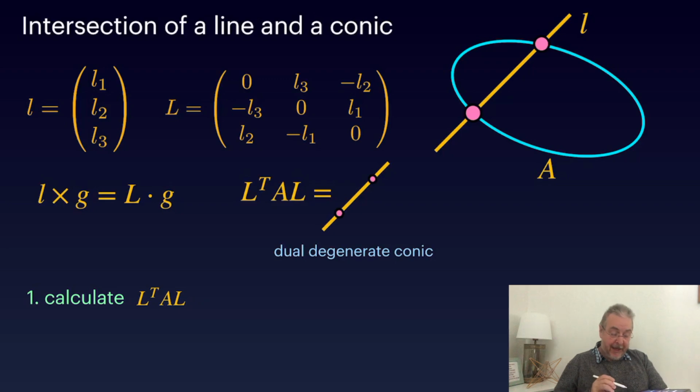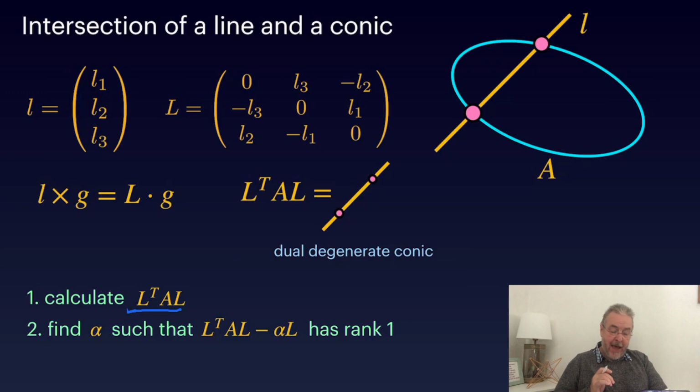Step 1, calculate L transpose AL. This is the matrix of the dual conic. Now split this conic. And splitting this conic, you remember, involved such a delta matrix. But we already know the delta matrix in this situation. It's the matrix L itself.